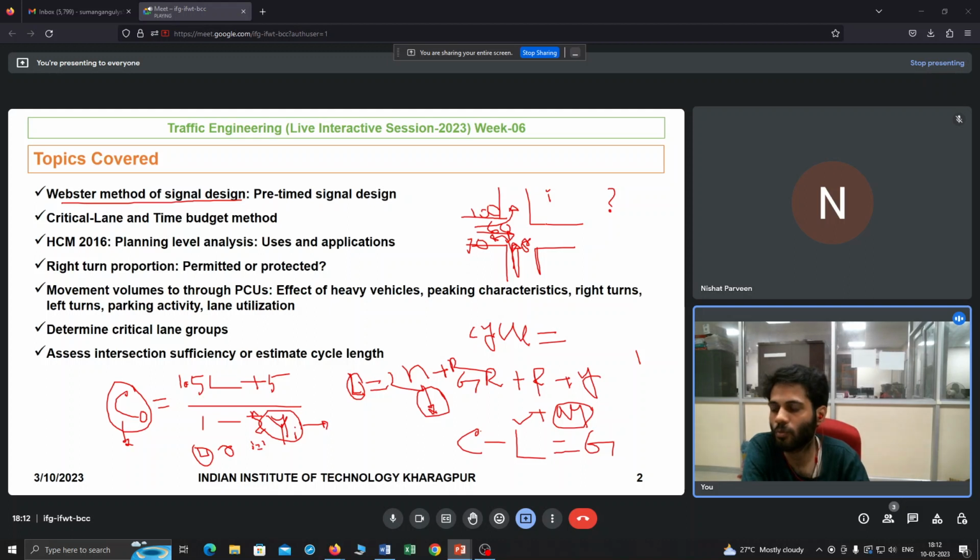Like that, suppose there are maybe three phases. Suppose phase 1 allows this movement 1, this movement 2, and maybe this movement 3. These movements will occur simultaneously, at the same time.